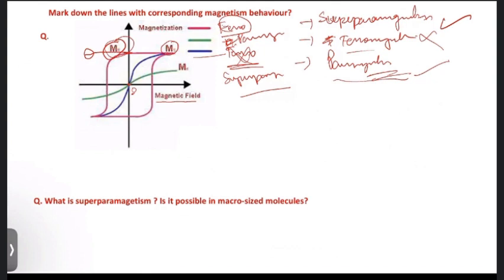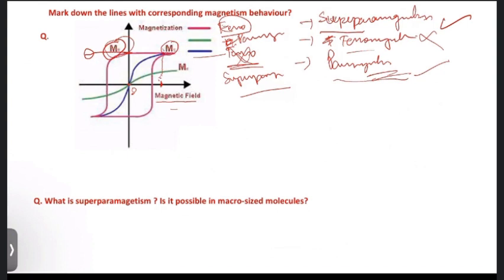From the name itself you get it: super means you must be having some larger values. Superparamagnetism, that is why you are getting that super word. So at a given magnetic field, which is giving higher magnetization, blue or green?